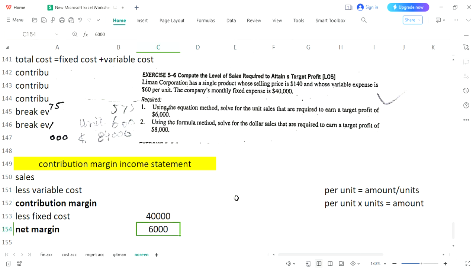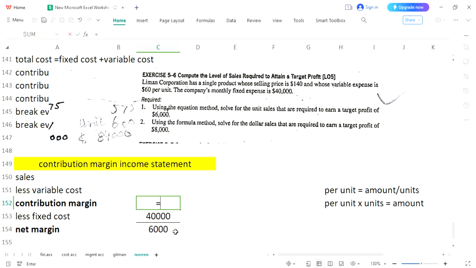Here the answer is available, but the contribution margin is not. You go from downward to upward, called reverse calculation, and when reversing, you change the sign. Here fixed cost is being subtracted, so going upward you change the sign.